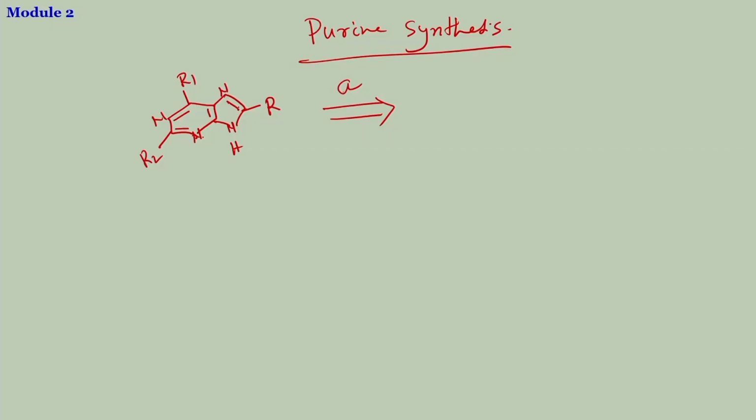So the easier way is not to touch this bond. But to cleave this, if you cleave this bond here, then you can start with this amine here, this amine here.